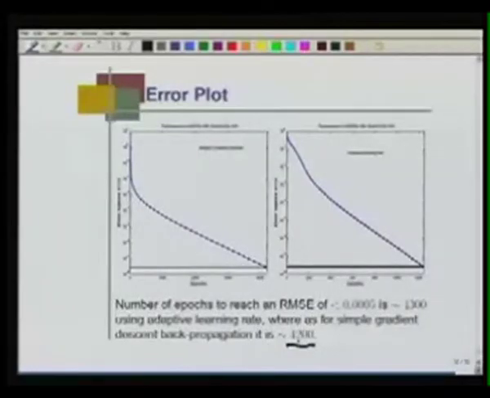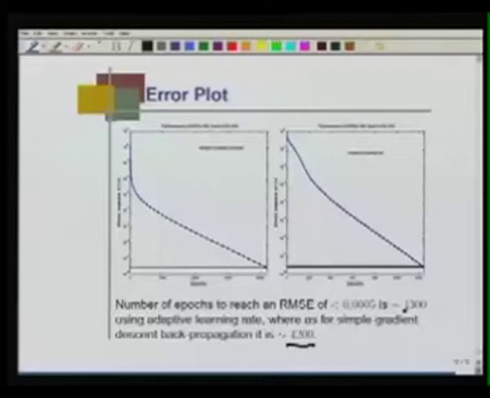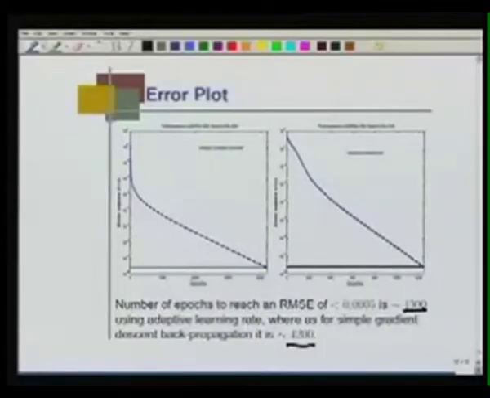Whereas using this heuristic adaptive learning rule, we could reduce that to 1300, reaching the same root mean square error.